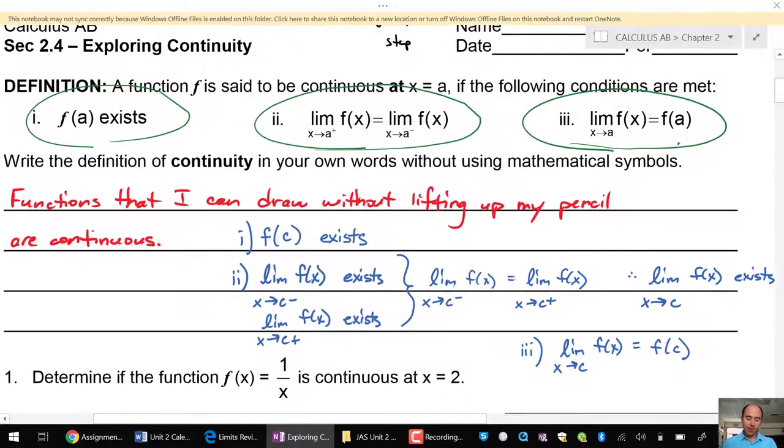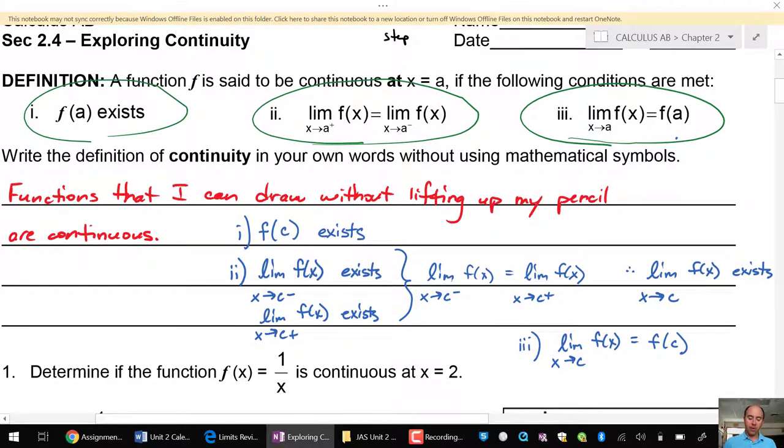So I wrote that again in the way of a formal proof down below here. I would say Roman numeral 1, show that the function value exists. And Roman numeral 2 is the trickiest one. We need to have all these different pieces of limits and proper limit notation throughout our proof. Begin by showing that the limit as x approaches your number from the left and from the right both exist.